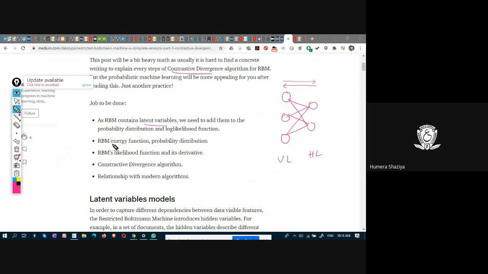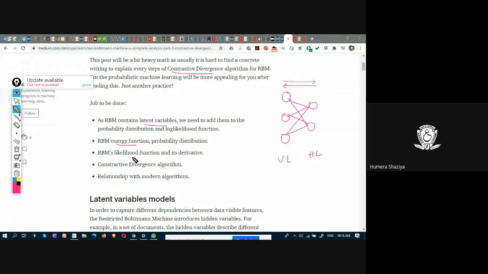And RBM uses an energy function. This learning process of RBM is based on the concept of energy, meaning there is an equation. That equation determines the process of this training.